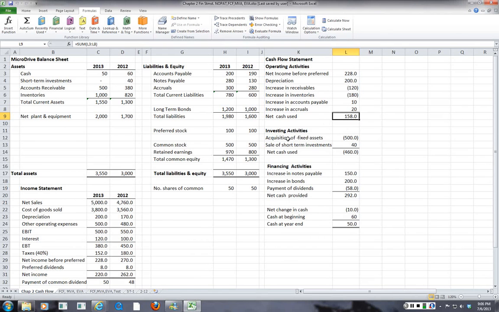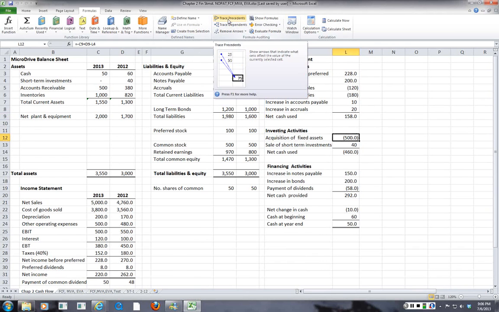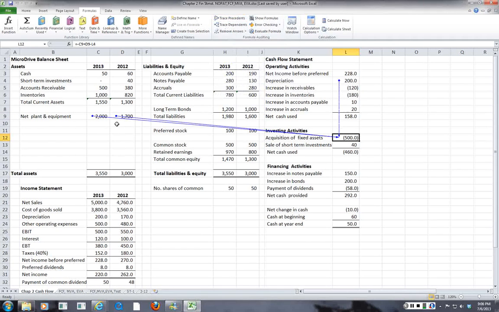Next, we take a look at the investing activities, and the big number here is $500,000 for an increase in fixed assets. Where does that come from? You can see over here that the net plant and equipment goes from $1.7 million to $2 million, but that's only $300,000.